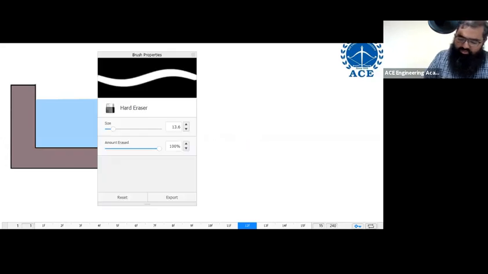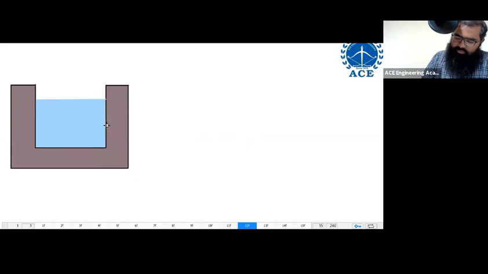The question says, at some depth below the interface, somewhere over here, a crack is developed. A horizontal crack is developed. That crack has some thickness.